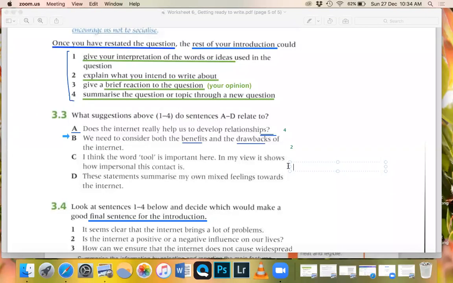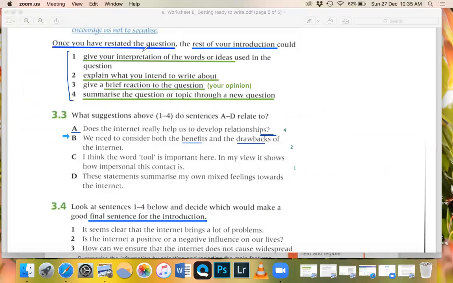So remember they said the internet is a tool that can help us to stay connected. The word interpretation means what I think something means. So this matches with number 1.